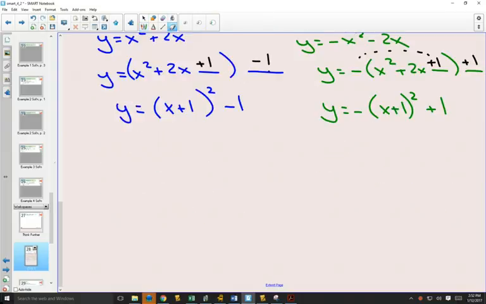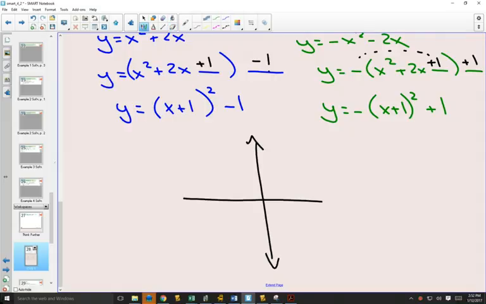Graphically, what does this mean? For the blue graph, I would have a vertex at negative 1, negative 1. It opens up. I could go over 1, up 1, over 1, up 3. And like I said before, I'm just going to draw this in a dotted line to start off with.